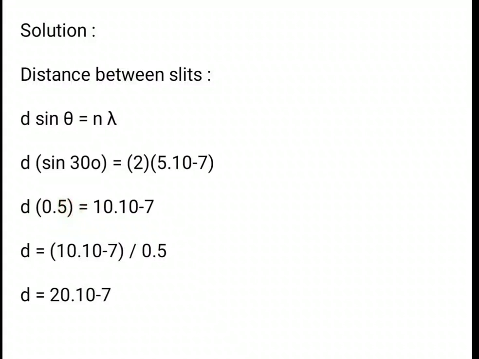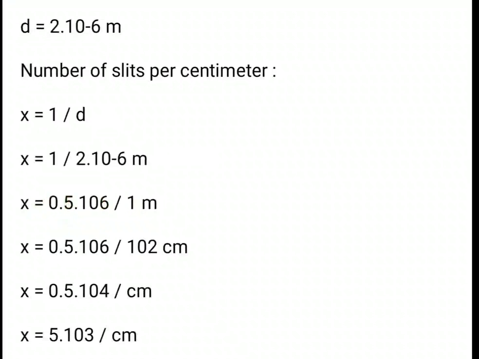So d into 0.5 is equal to 10 into 10 power minus 7. So d is equal to 10 into 10 power minus 7 divided by 0.5. d is equal to 20 into 10 power minus 7. d is equal to 2 into 10 power minus 6 meters.